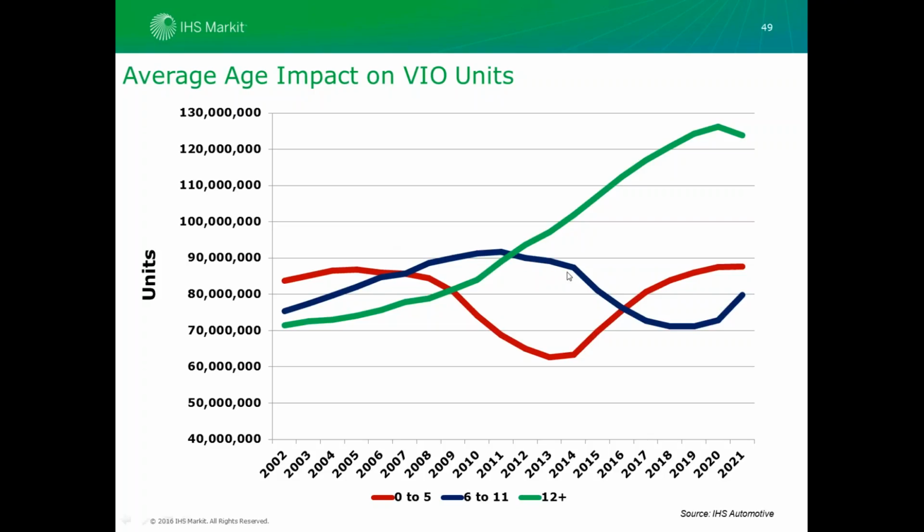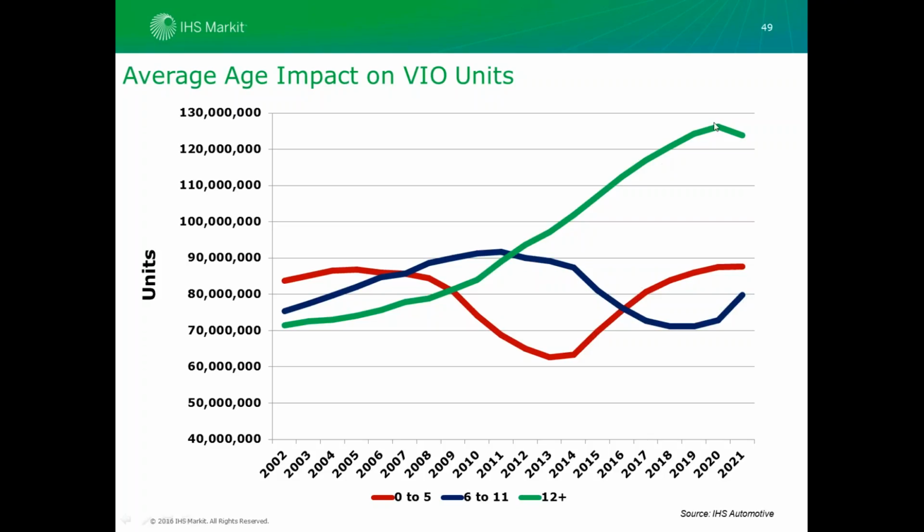And as you can see here, these fluctuations are being driven by the lack of 2008, 9, 10 model year vehicles when new vehicle sales were so low. So we talked about the 0 to 5 that are going to climb over the next several years as new vehicles are added, and yeah, the 6 to 11 are going to decline and then begin to grow, and it'll be about a 5% growth by 2021.